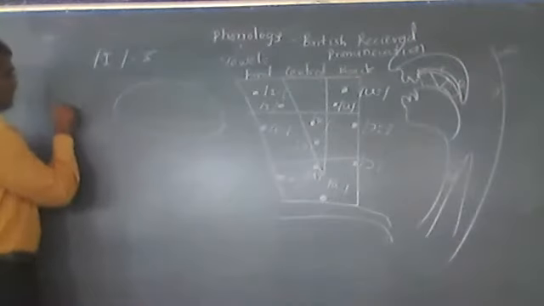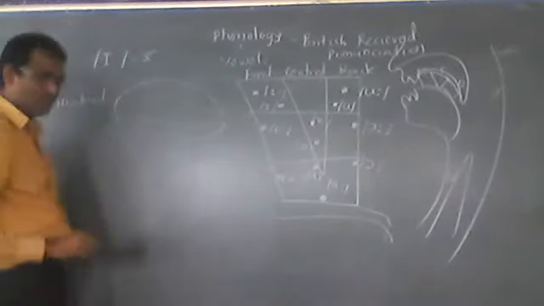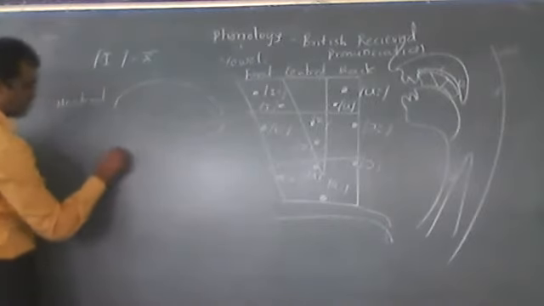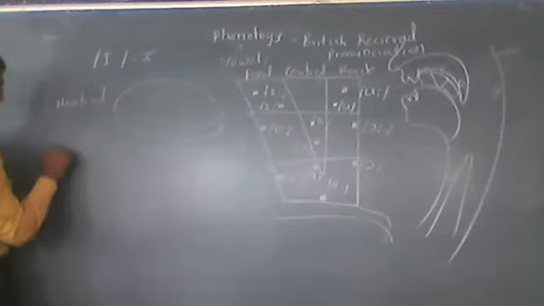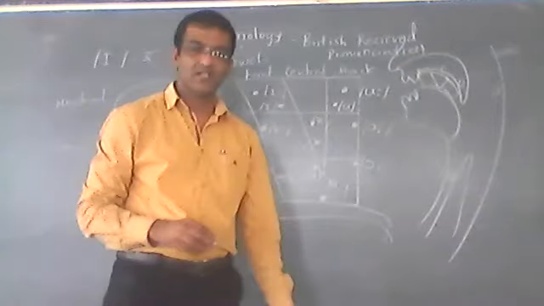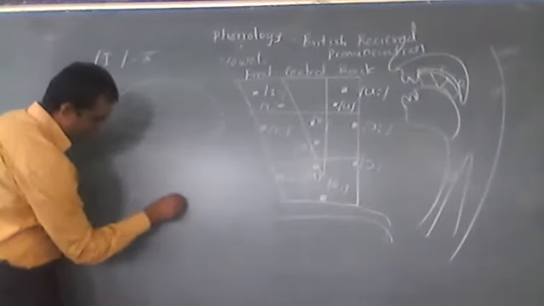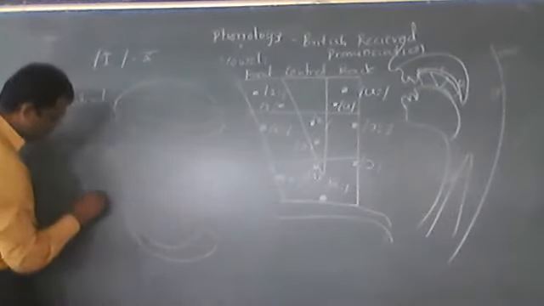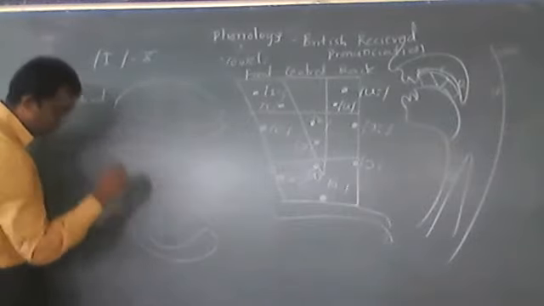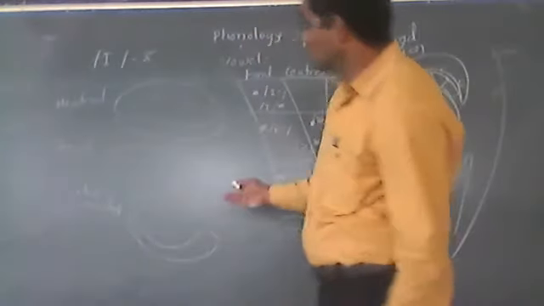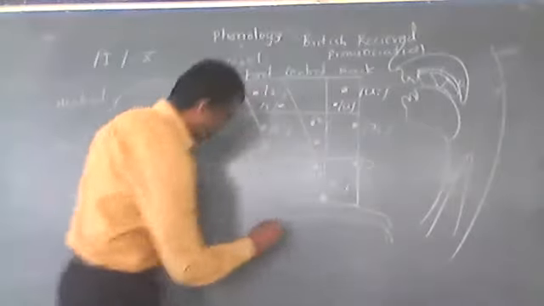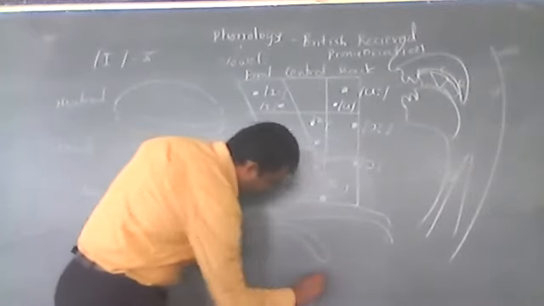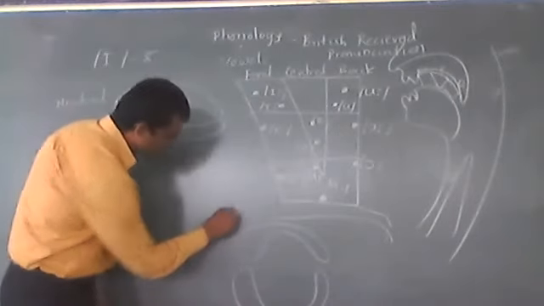This position can be called neutral. This position is called spread. Then the next position is close rounded, and we have another position, open rounded.